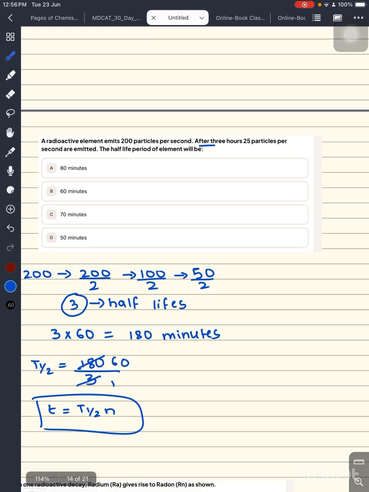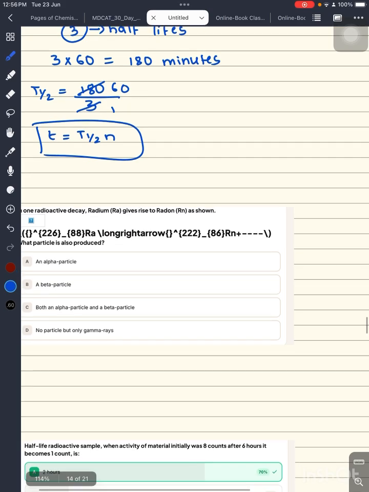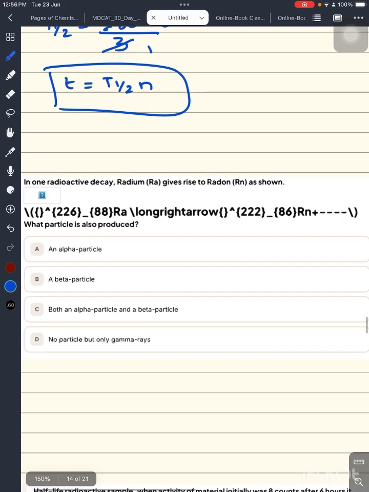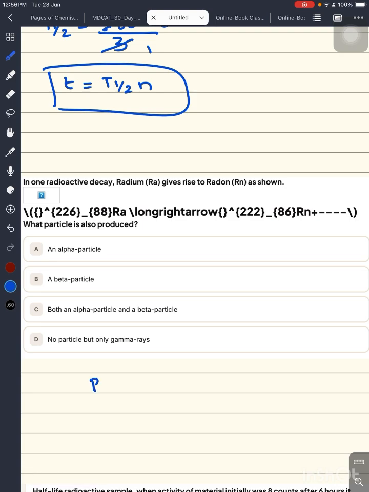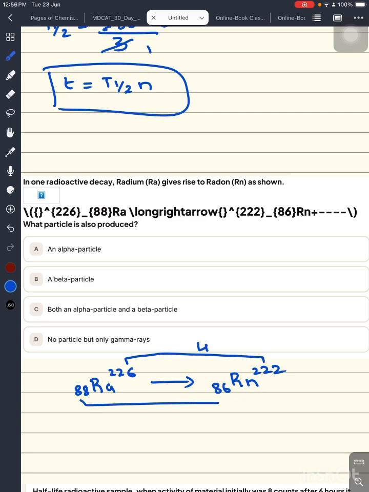This question is the same as the above one. You can just take the working out. Let me solve this. Radium, so the decrement of atomic mass is by 4 and the decrement of atomic number is 2.